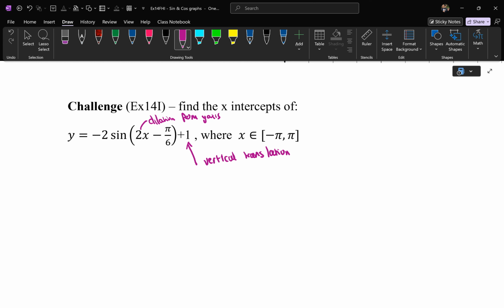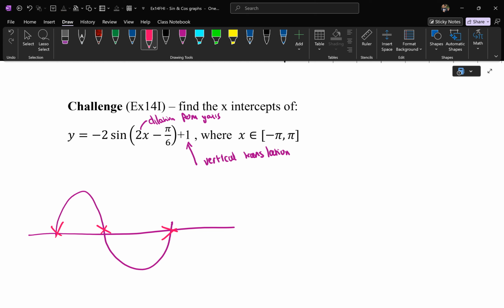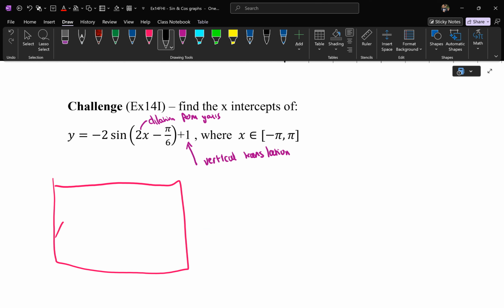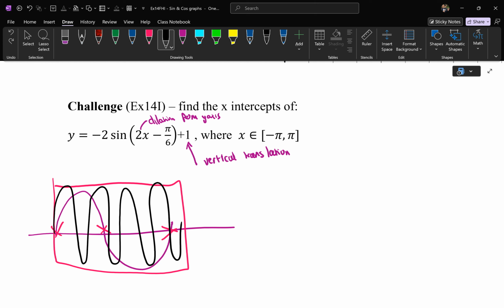Compression is bad because instead of your graph normally looking like this, where you only get how many x-intercepts? 1, 2, 3. If we compress the graph within the same window, within that same box, if I make it thinner, then you can get multiple intercepts. You can now get 1, 2, 3, 4, 5, 6, 7, 8.